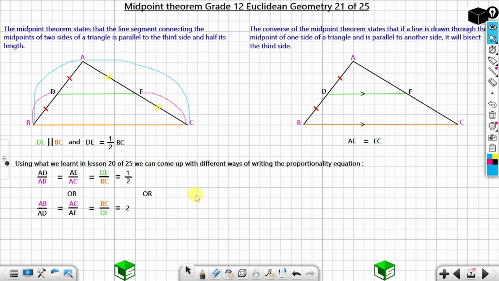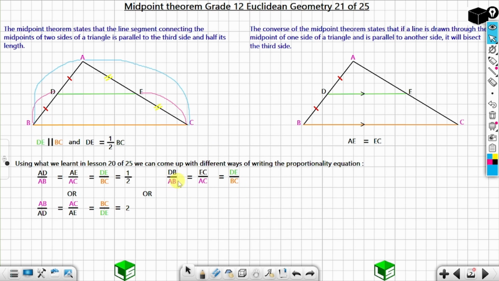Since the entire sides are included, you can include the two parallel lines. So this is equal to DE over BC.